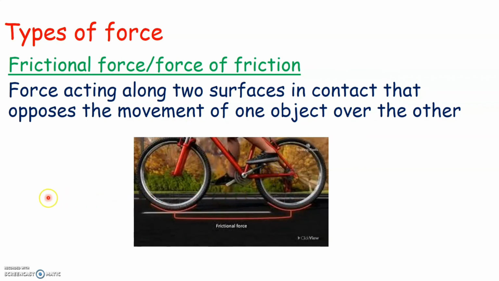So you are moving front, that is towards the left. This force will be acting towards the back. Then only this force can stop this moving object. That is why it is told this force opposes the movement of one object over the other object.